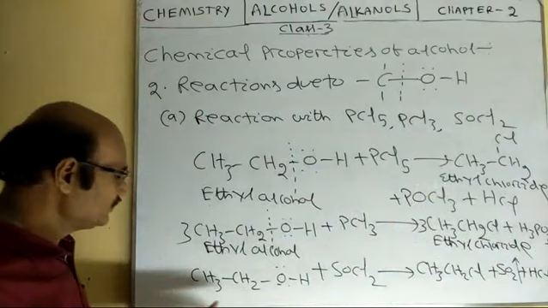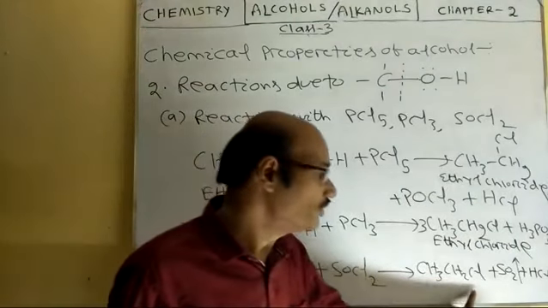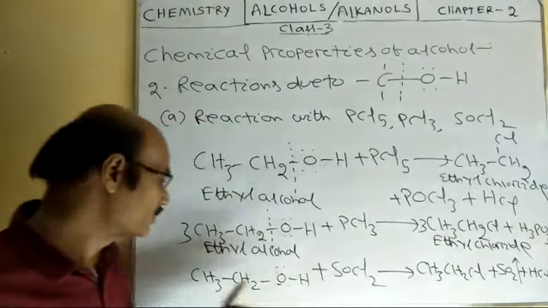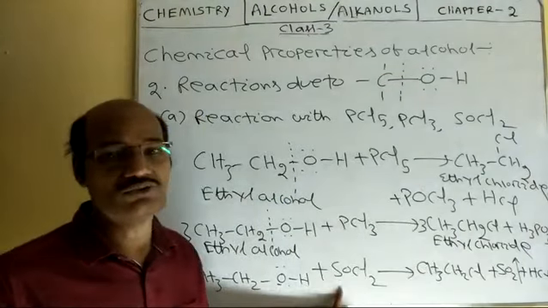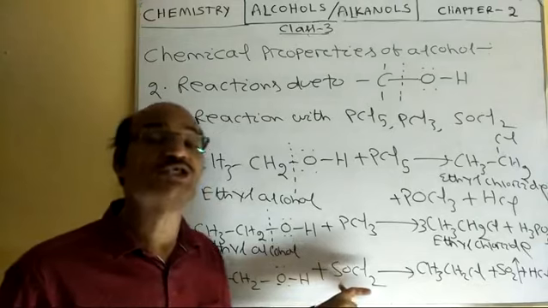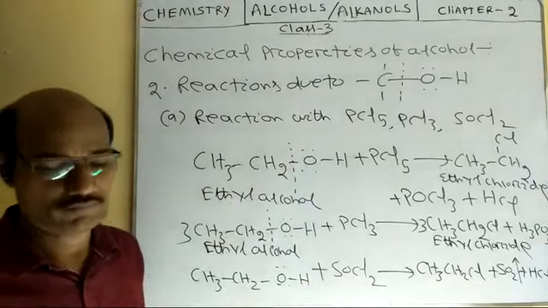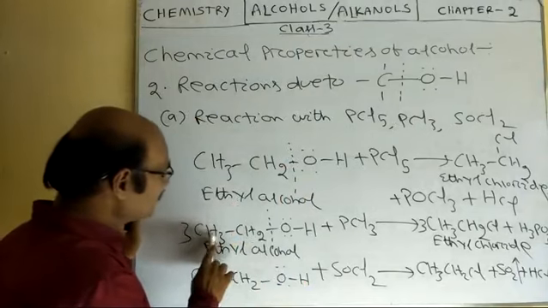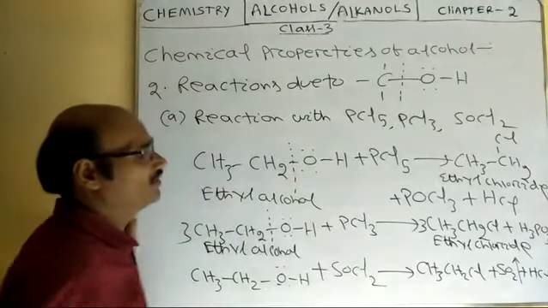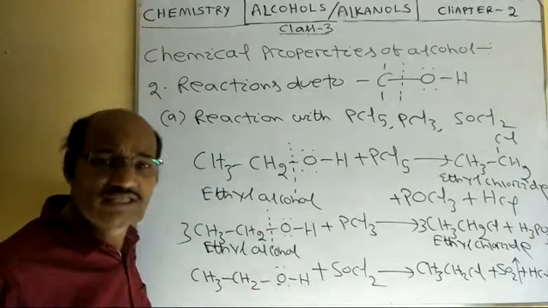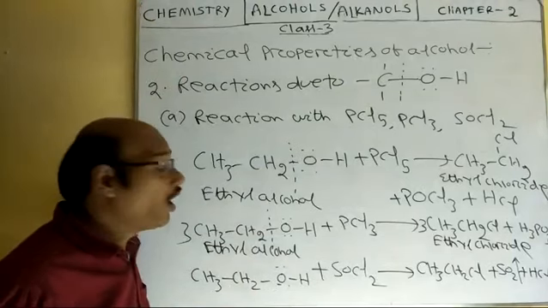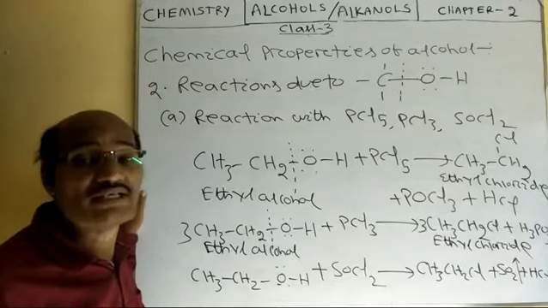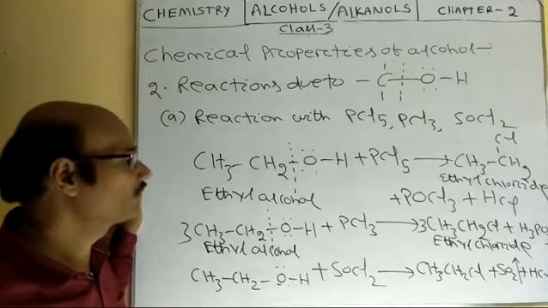Of all the three, SOCl2 is the most convenient method. Getting a haloalkane from alcohol using SOCl2 is more convenient as compared to the other two. Now see, like we have taken CH3CH2OH plus PCl3, we are getting CH3CH2Cl. The same reaction we can carry out with the help of PBr3 or PI3.